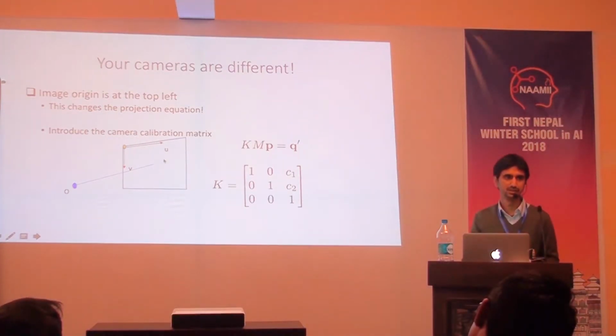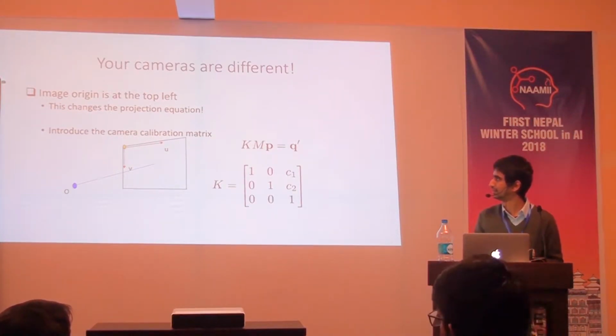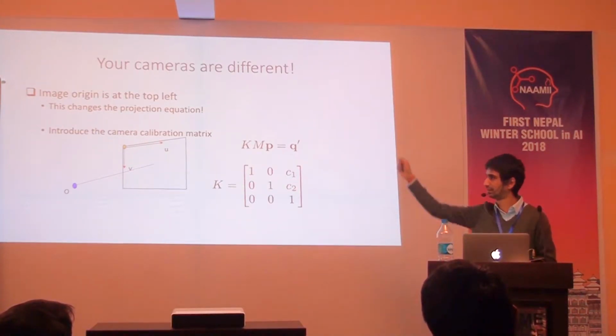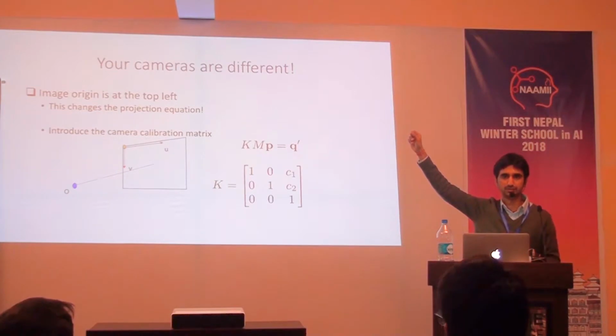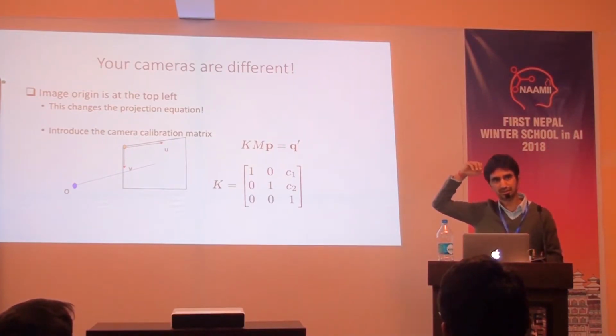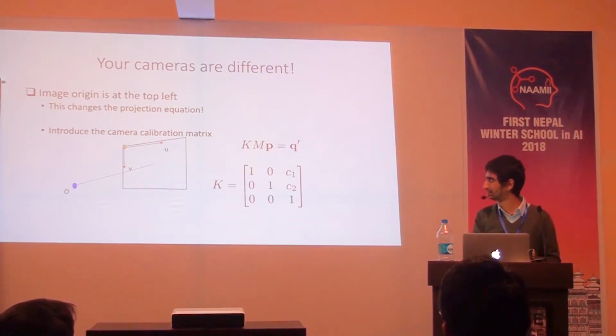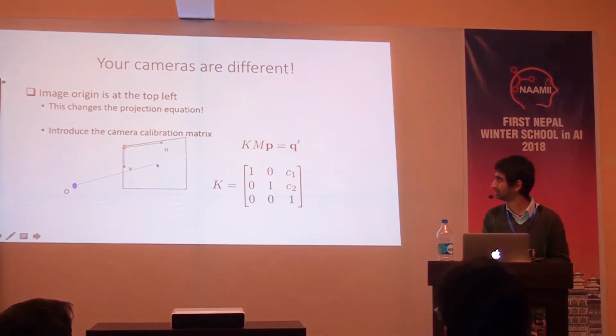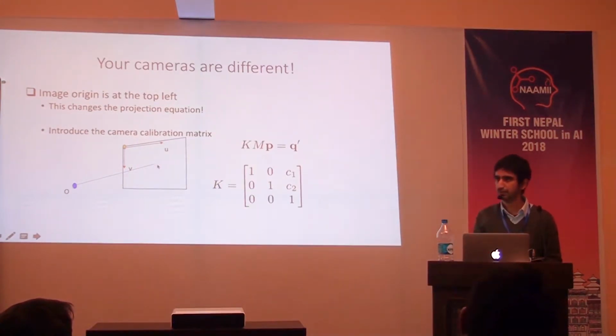If you add, let's say you have UV as previous, and you want to change the axis to the top left corner, how do you compute the new coordinates? You need to add this translation, right? This translation, which is C1, C2. And this is represented by this equation.